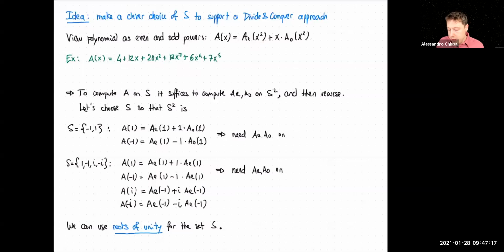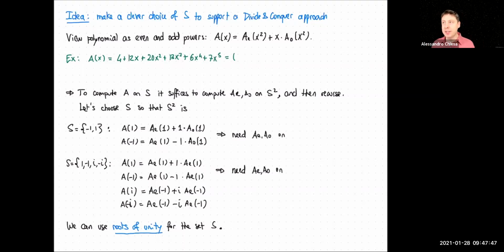There is a natural way to split a polynomial into two polynomials of half the degree, which is to gather all the even coefficients and all the odd coefficients into two smaller polynomials. For example, let's do it for this polynomial here. I have this polynomial A of x, which is 4 plus 12x plus 20x squared and so on. I can write it as a polynomial which collects all the even coefficients.